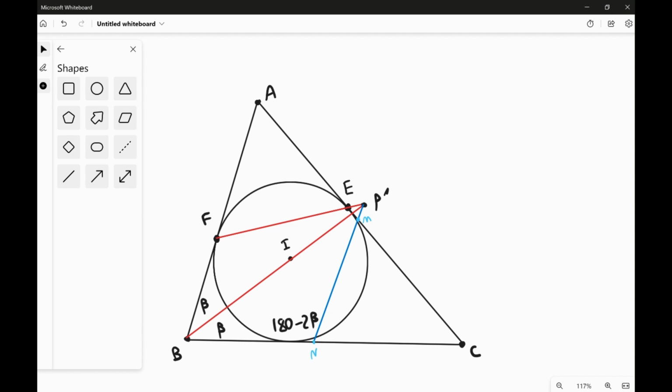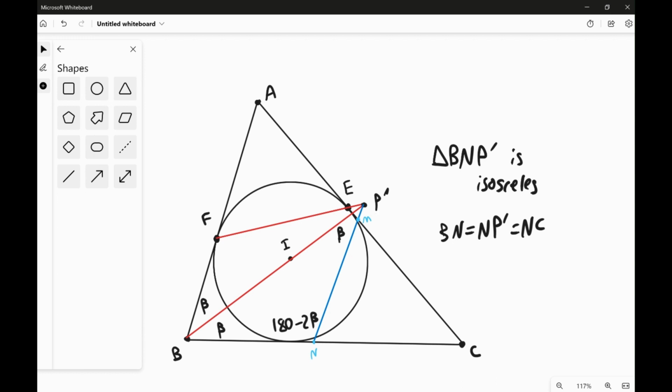And by simple angle chasing, we get that angle P prime N is equal to beta. However, this means that triangle BNP prime is isosceles with BN equals NP prime. But BN is equal to CN, so BN is equal to NP prime is equal to NC. This means that N would be the circumcenter of this larger triangle here.